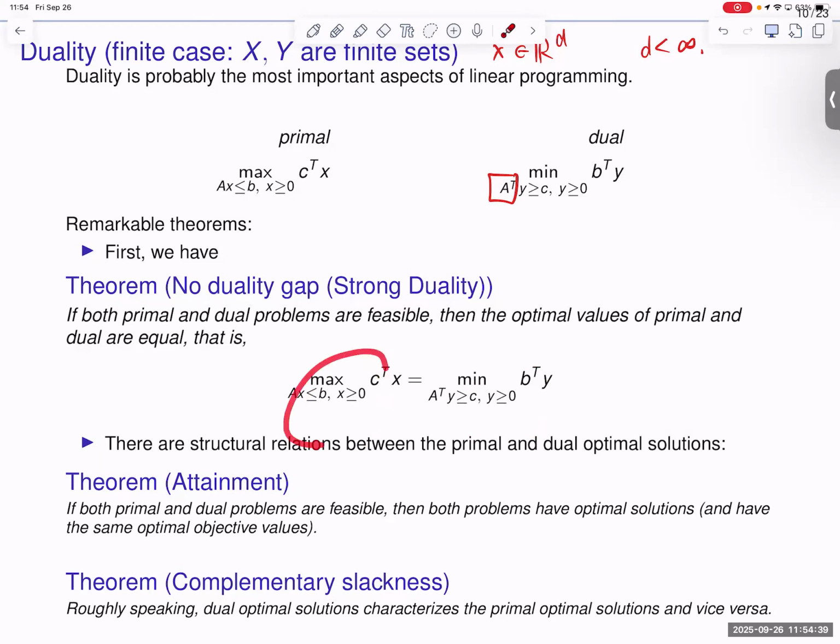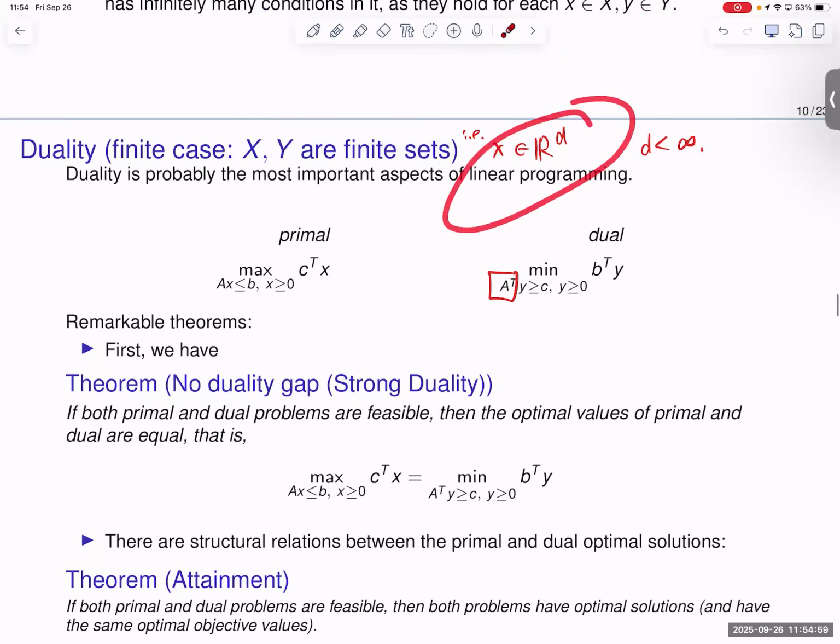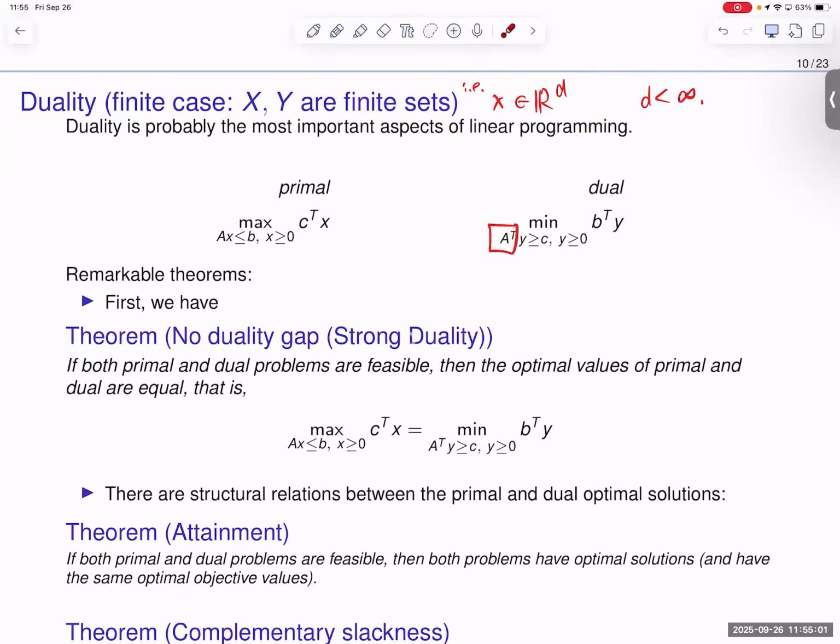If you just consider one single problem, feasibility of the problem does not necessarily mean that the problem has an optimal solution. But if both the primal problem and the dual problem are feasible, then they both automatically have optimal solutions. At least in this finite dimensional case, right?